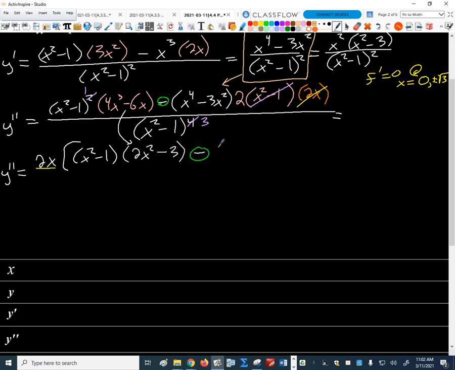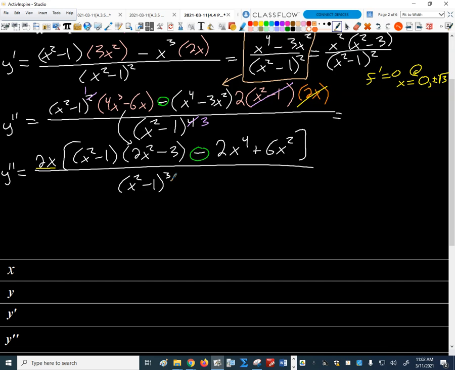I'm going to get a 2x to the 4th, minus a negative is plus 2 times 3x squared, so 6x squared, all divided by x squared minus 1 cubed.